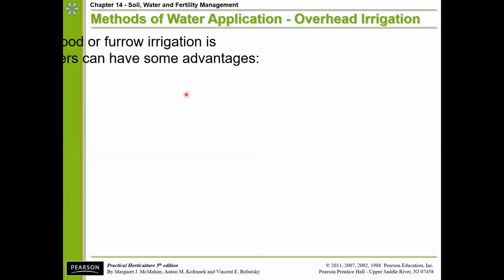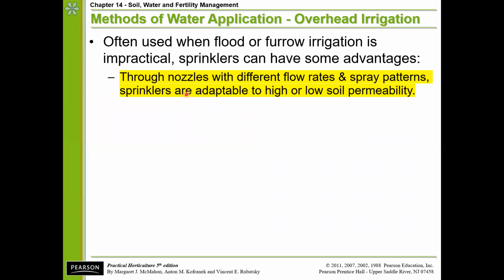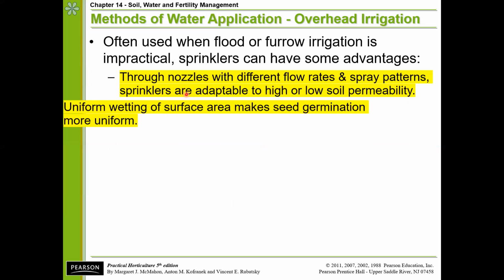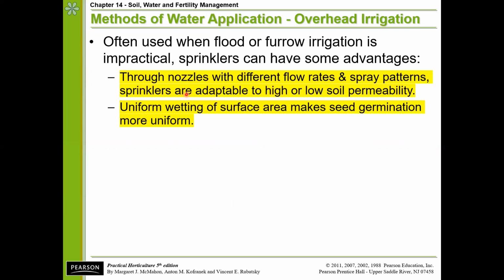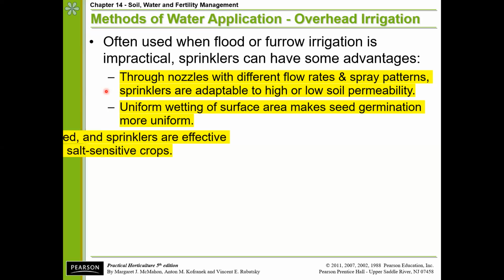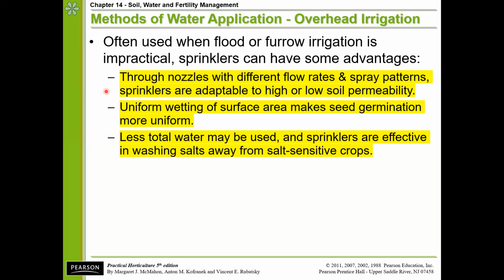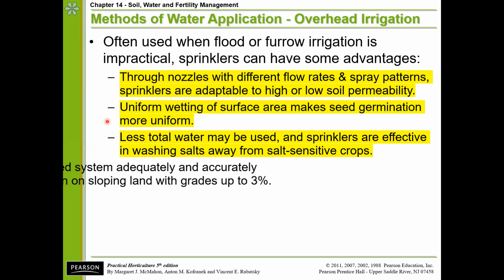Of course, we also have overhead irrigation, where we're basically applying that water through different nozzles, and we're able to customize different spray patterns through these emitters or nozzles. Whatever type of irrigation you're using, if you're starting things from seed, then you do have to have some sort of uniformity there to make sure that the seed is going to be able to germinate by having enough water.